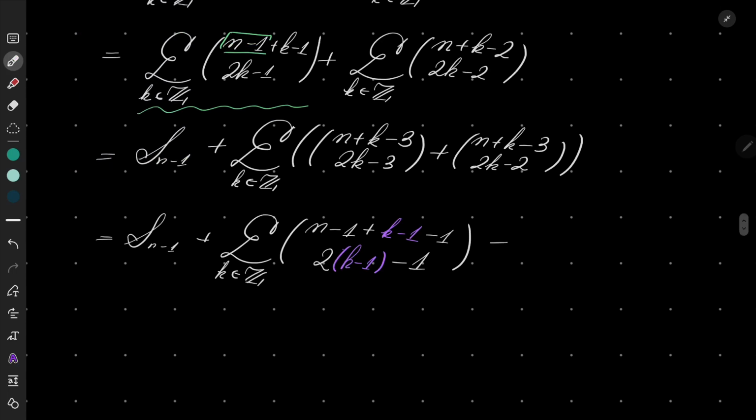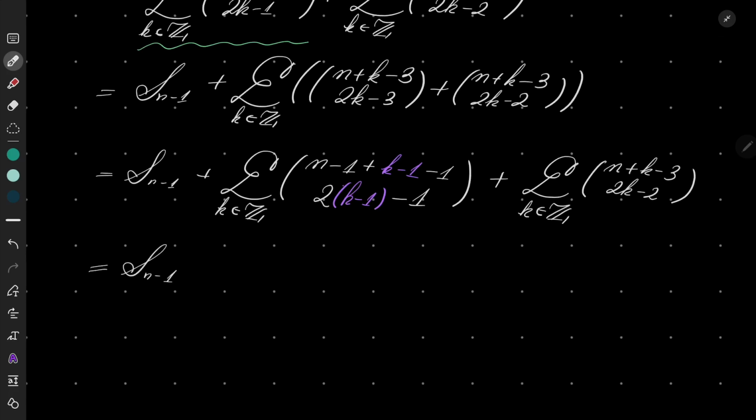Okay, very nice. And the second sum will stay the same for now. So it's n plus k minus 3 choose 2k minus 2. Okay.